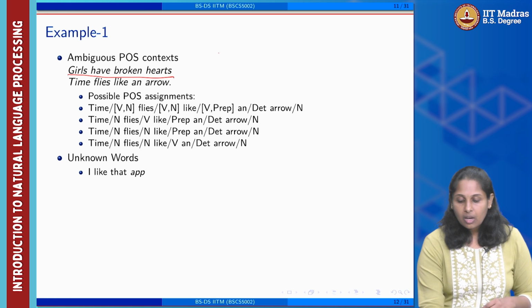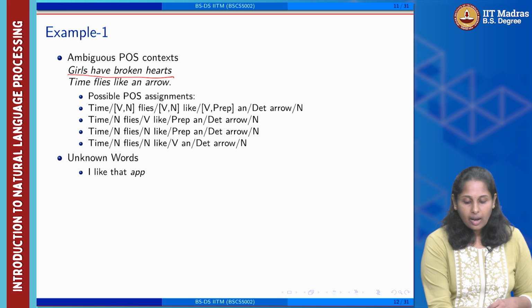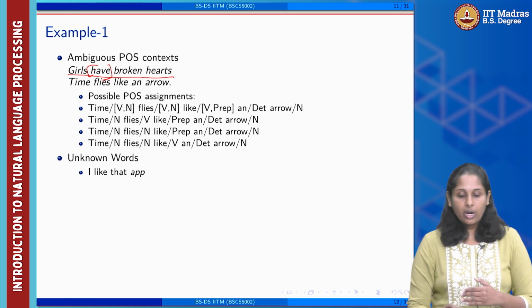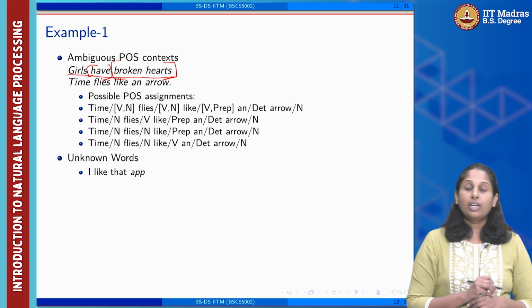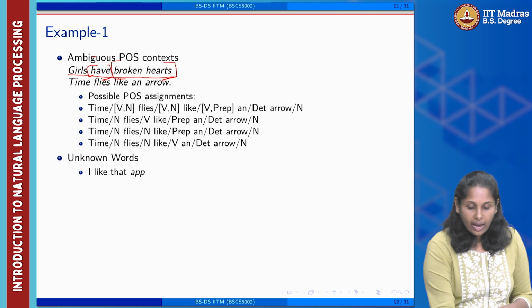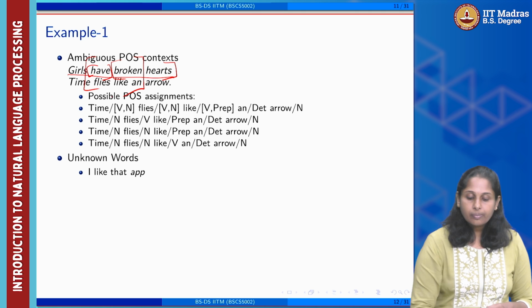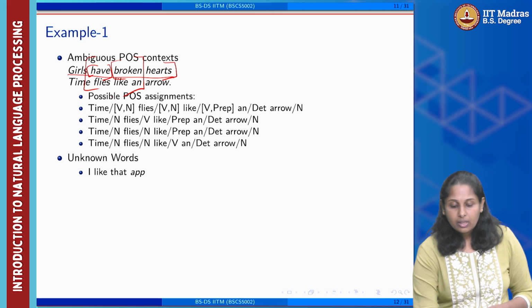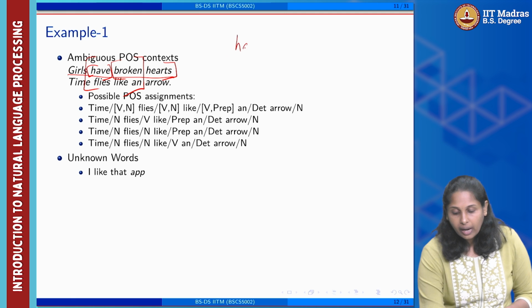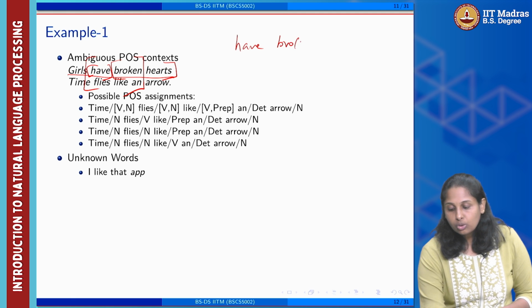One sense is girls have, with have as a main verb, they have broken hearts as one unit. Another sense is you take have broken as one unit, girls have broken someone's heart, right. So the interpretation of have broken can be made in two ways.